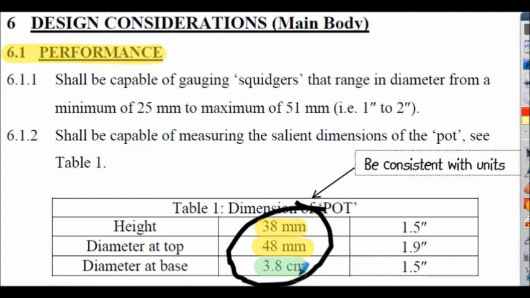We should generally avoid use of centimeters. It's a non-preferred SI unit. But we certainly should be consistent with our units. There's no reason I can see to state the diameter at the base of the pot in terms of centimeters and the diameter at the top of the pot in terms of millimeters. It doesn't really make any sense. So again, just be consistent with our units.